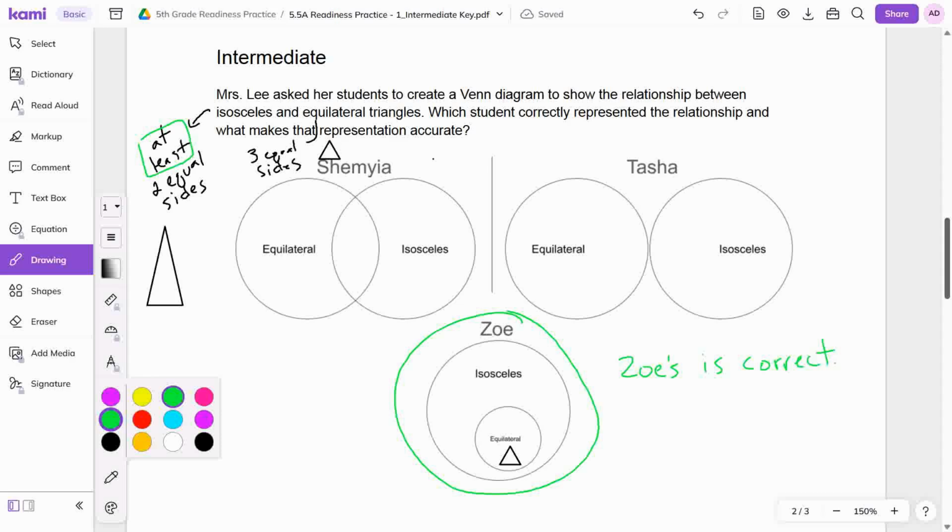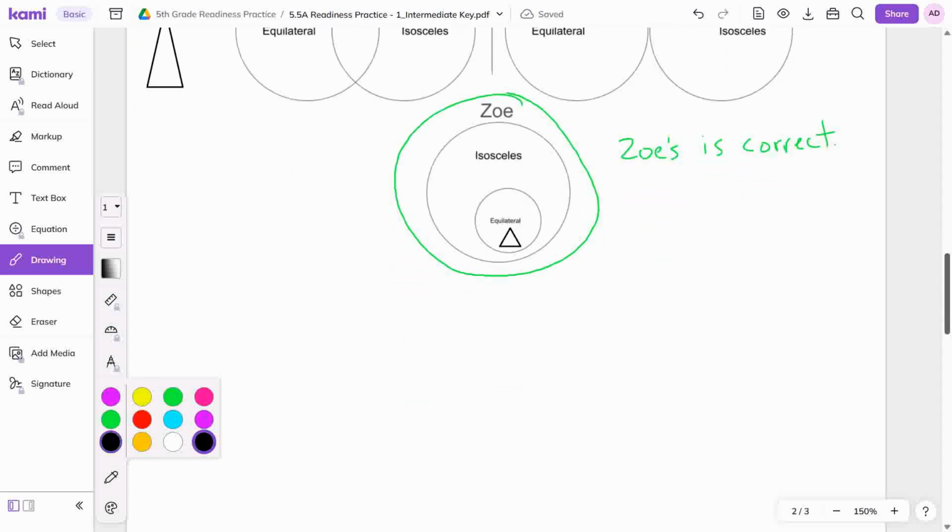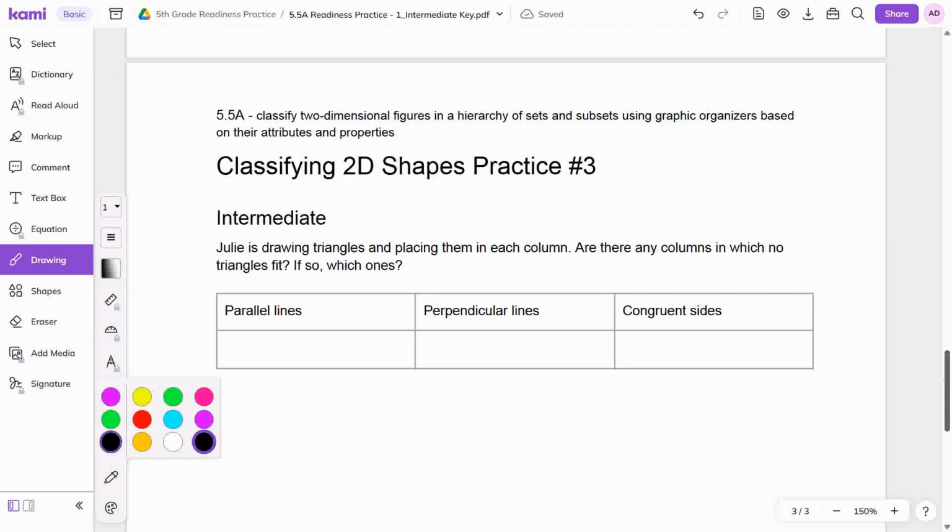So all equilateral triangles are isosceles triangles because they have at least two equal sides. They just happen to have three equal sides. So it's not going to be Shemaya because you can't have an equilateral triangle that's not also an isosceles triangle. It's not going to be Tasha because that's where they don't even intersect. You would have the equilateral triangle inside your isosceles triangle.